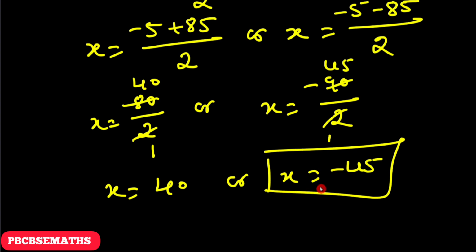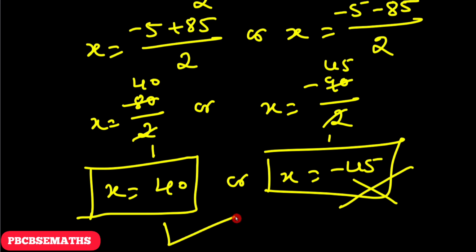We know that the speed of the train can't be negative, so we have to consider the value of x, that is the speed of the train, as 40 kilometers per hour. So that train is traveling at 40 kilometers per hour.